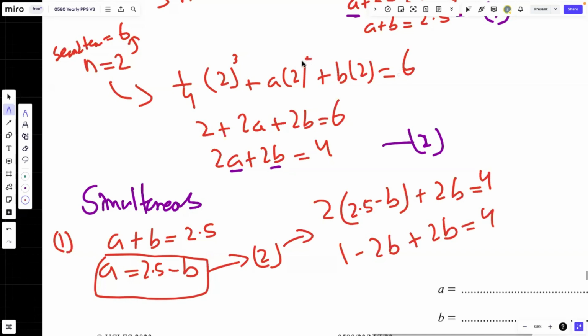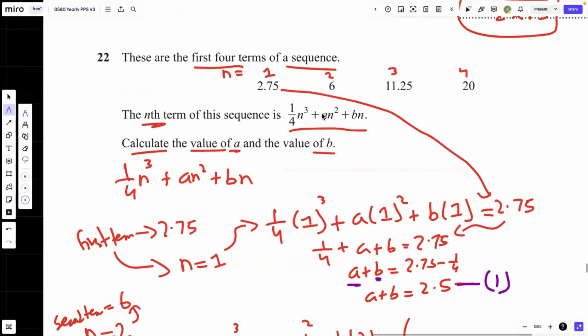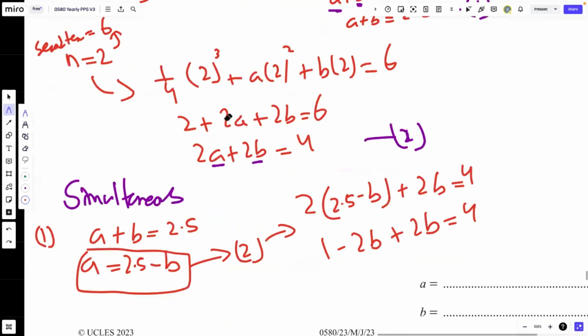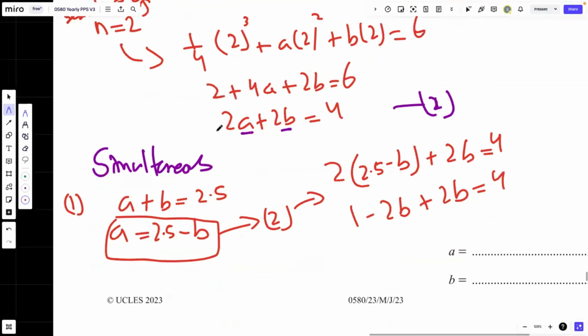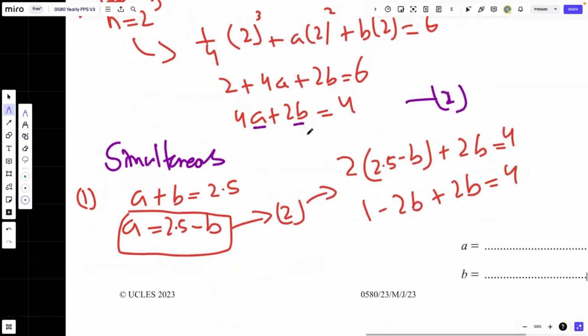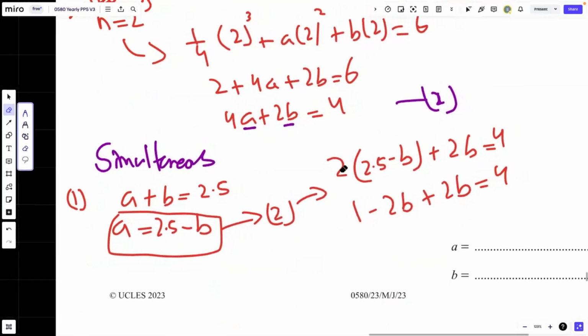Yeah, so the power of this is going to be 2 because it was n square. So that's going to be 4a instead of the 2a. And we can further simplify it, but let's just leave it like that for now.